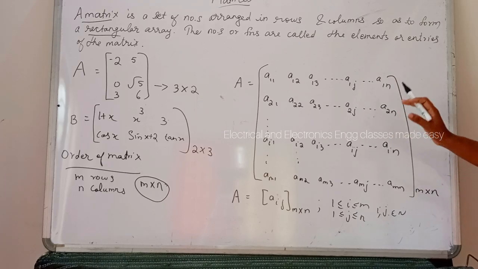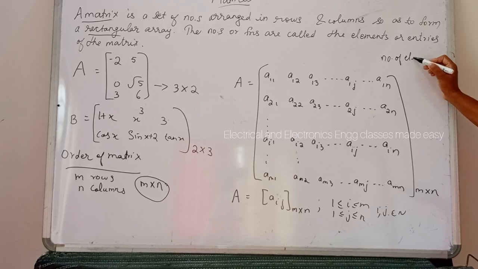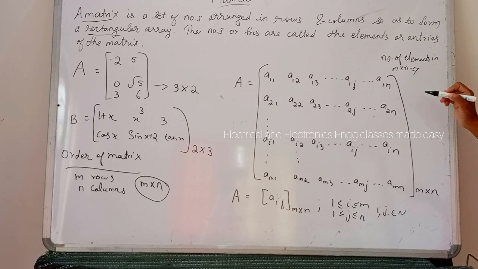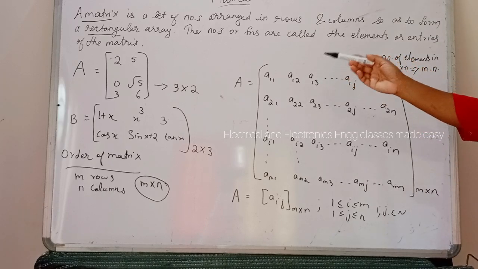Also, what will be the number of elements in an m by n matrix? The number of elements in an m by n matrix is equal to m into n. For example, that is a 3 by 2 matrix.